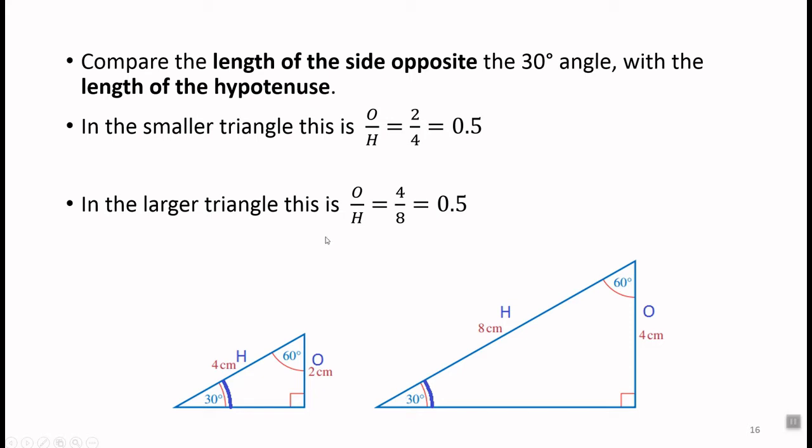In the smaller triangle, opposite divided by hypotenuse: opposite 2 cm, hypotenuse 4 cm. 2 divided by 4 is 0.5. In the larger triangle, opposite 4 cm, hypotenuse 8 cm. 4 divided by 8 is 0.5.